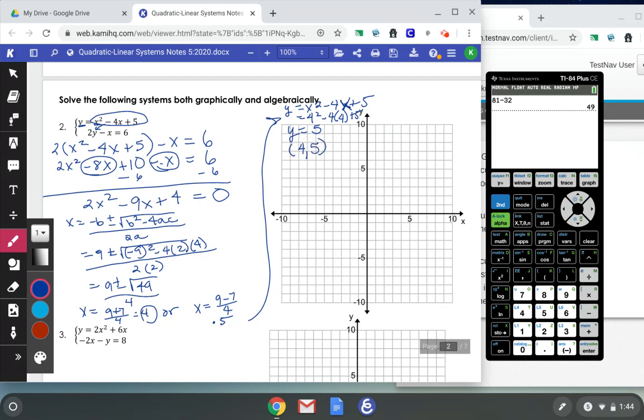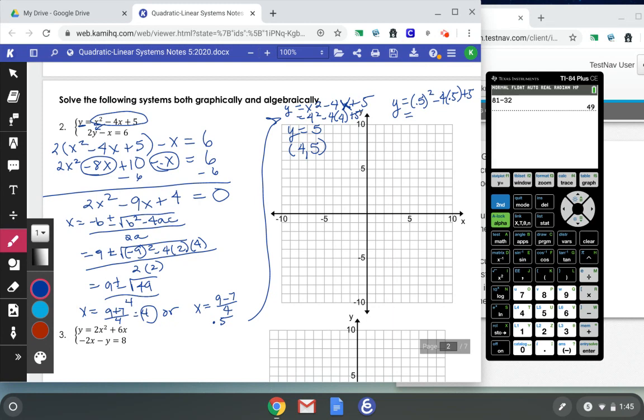That's one solution. Okay, now we're going to do the same thing and plug in 0.5 into your x. So I'm going to think 0.5 squared minus 4 times 0.5 plus 5 equals.